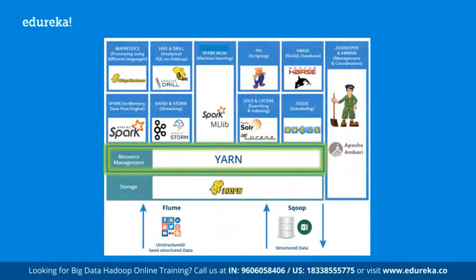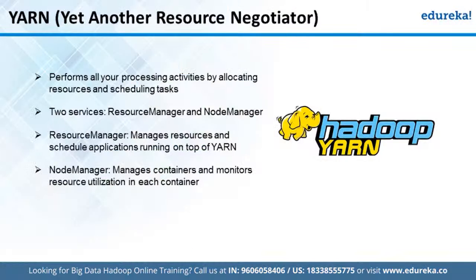Now we will quickly take a look at YARN. Yet Another Resource Negotiator performs all your processing activity by allocating resources and scheduling tasks. This is clear in itself. It has two services, resource manager and node manager.